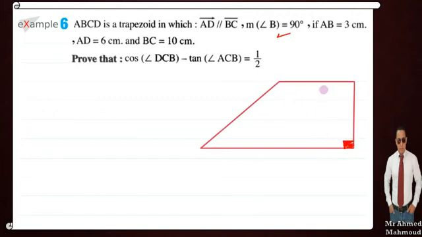Now I need to know which of the two bases is BC and which is AD. Here AD equals 6 centimeters and BC equals 10 centimeters. It's easy: here is BC, because BC is the bigger base, and here is AD.